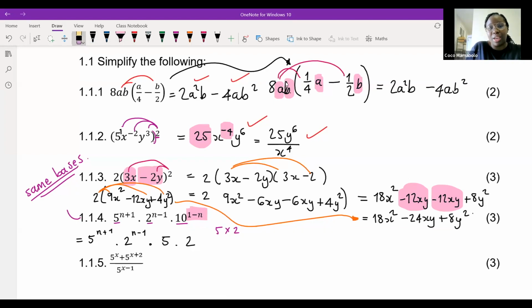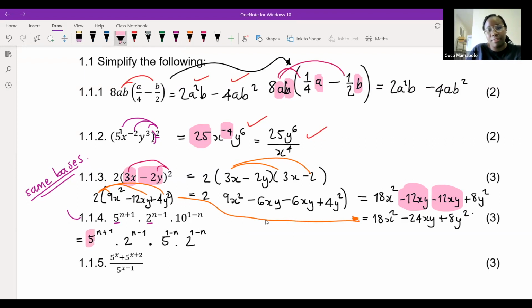So I'm going to end up with 5 to the power of 1 minus n times 2 to the power of 1 minus n. Okay, that's what I'm going to get. Now, my next step is to compare like bases.